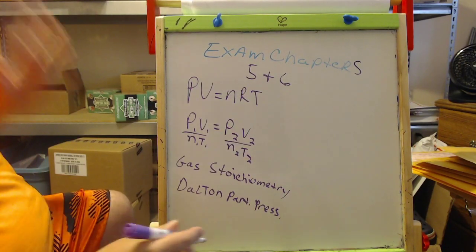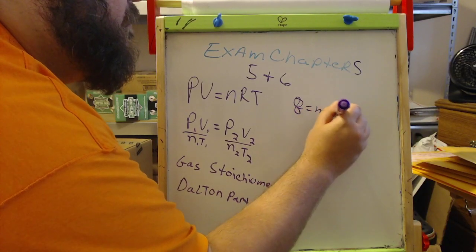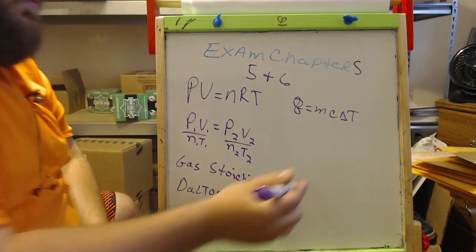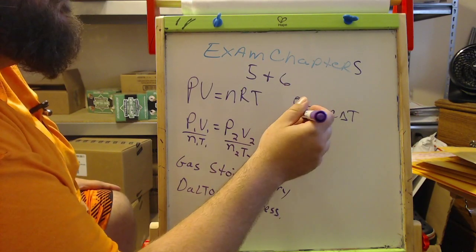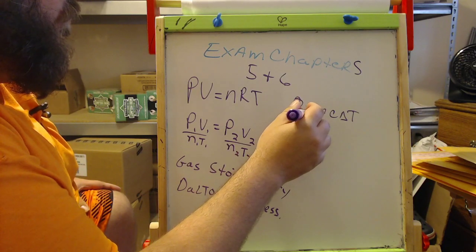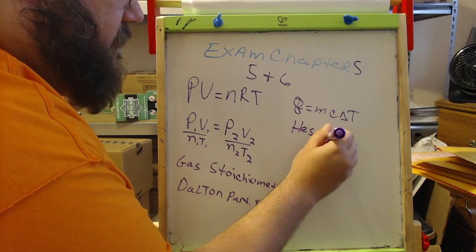Over here, with chapter 6, you should be able to do Q equals MC delta T. You should be able to do Hess's law, which is the stuff I just did.